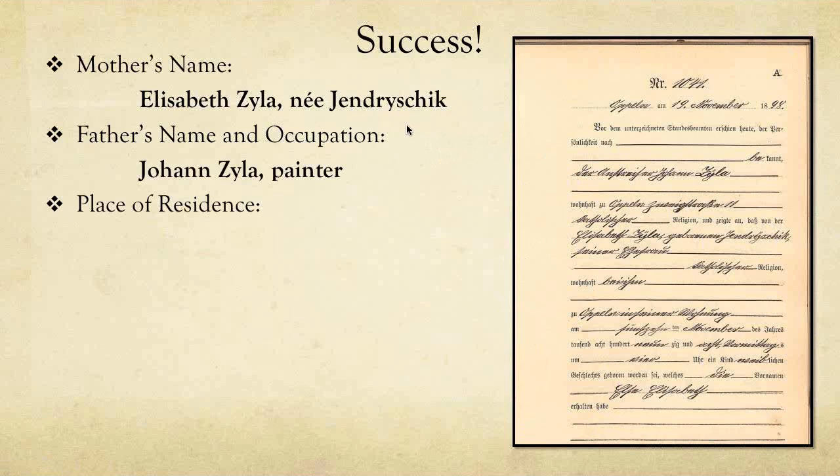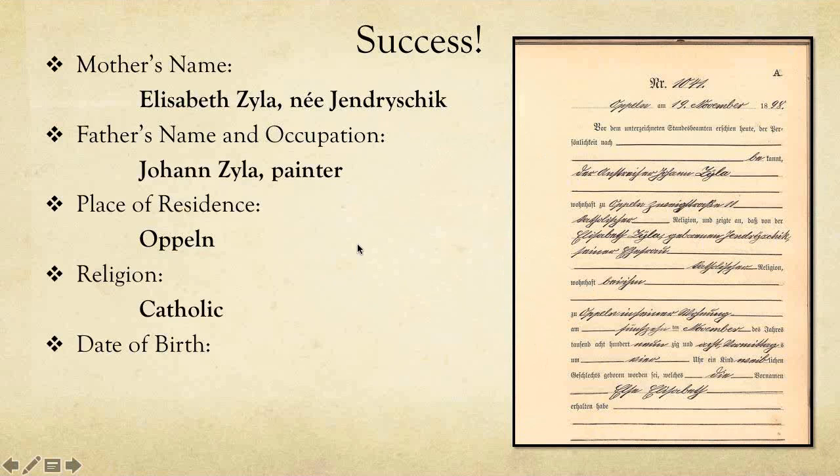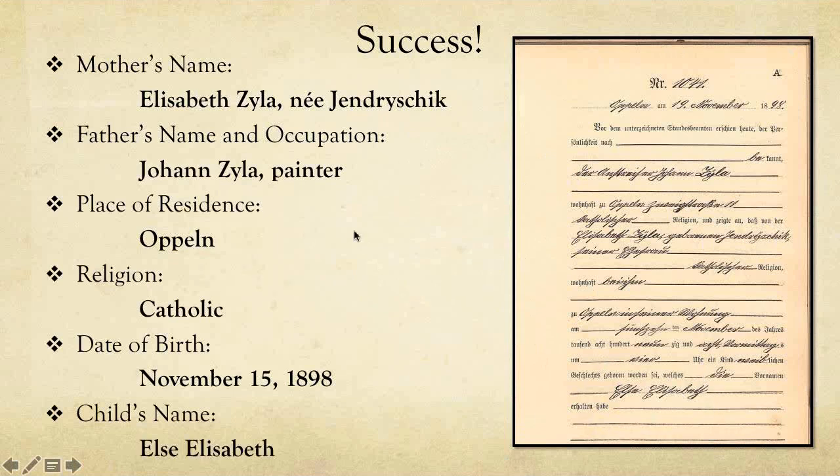We found his place of residence by looking for the phrase wohnhaft zu. We found the religion by our easy clue word religion. Date of birth by using our word am. And then the child's name by using our clue word Vorname or Name, and it's nice and centered right here at the bottom of our certificate.